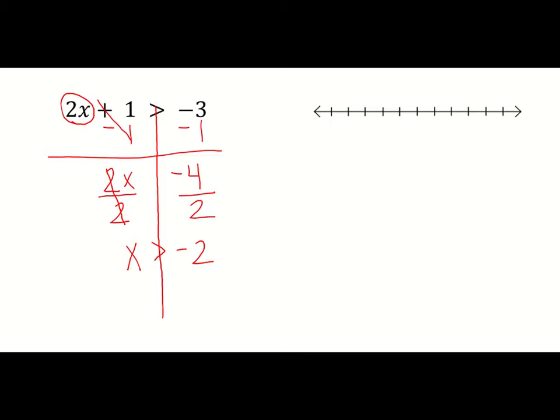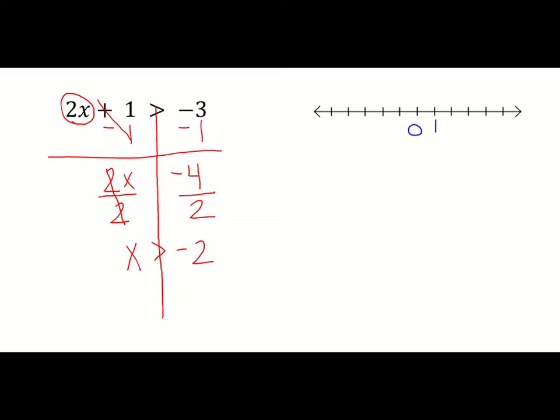Now, the way that this is different than an equation is an equation gave us a single number as our answer. This is saying that any number greater than negative 2 is our answer. So the second thing we have to do with inequalities is graph our solution. So you'll see over here to the right, I have a number line. What we're going to do is we're just going to kind of create a number line.